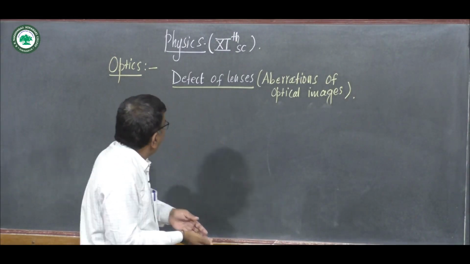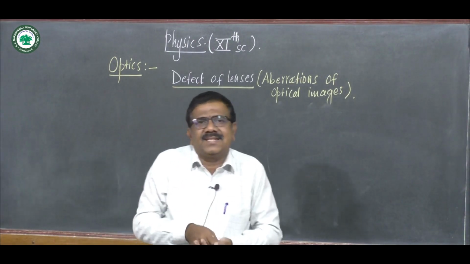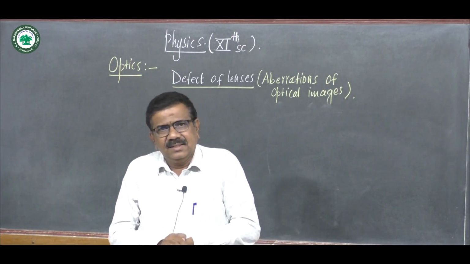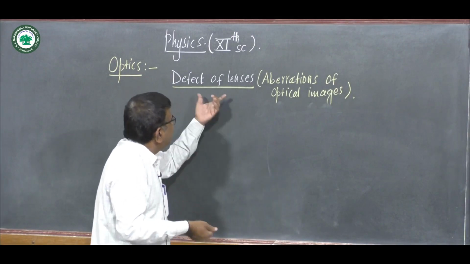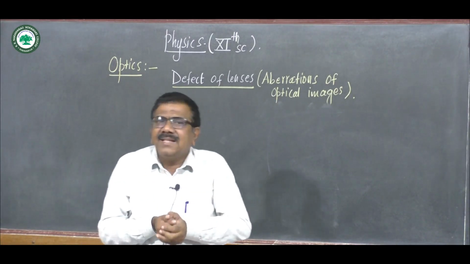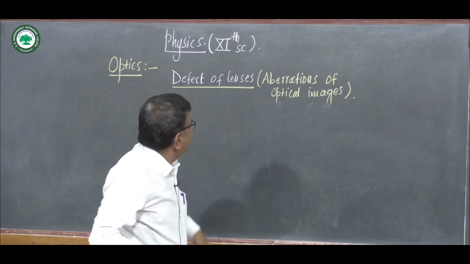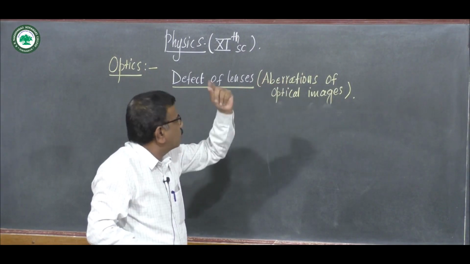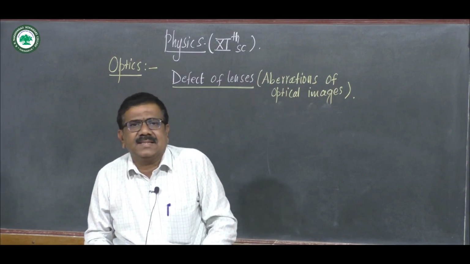Actually there is no defect in the lens, but it is a defect in the image formed by the lens. The actual image is different from this defective image, and this defect in the image produced by the lens is the defect of lenses, also called aberrations of optical images.